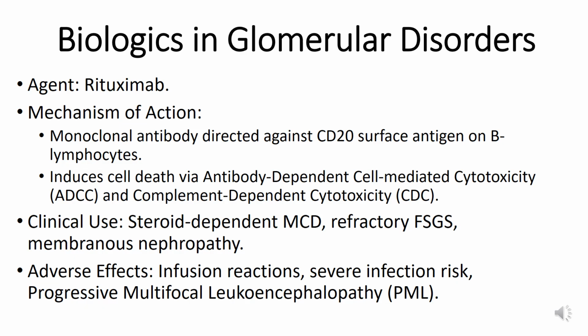It is also used in refractory focal segmental glomerulosclerosis, or FSGS. These are cases that fail to respond adequately to standard therapies. Another important indication is membranous nephropathy. In this disease, antibodies play a central role in glomerular injury. Targeting B cells can significantly improve outcomes.